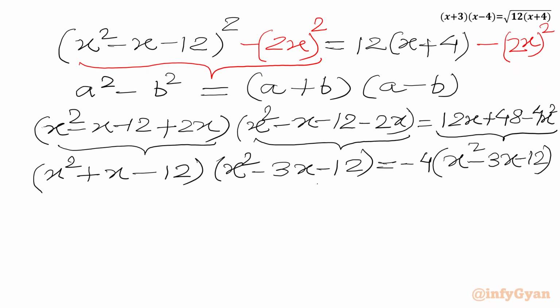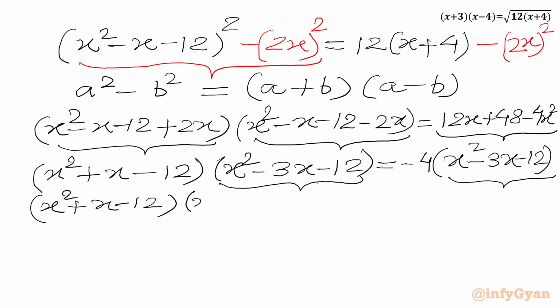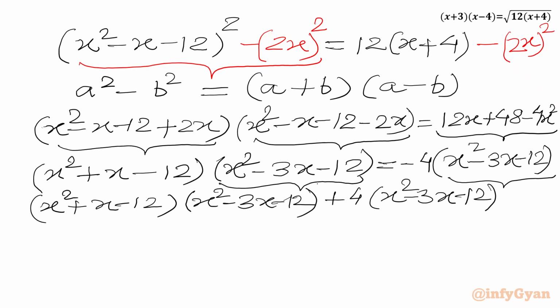Now we have x square minus 3x minus 12 on both the sides. Let's write all the terms to LHS first. We will get x square plus x minus 12 times x square minus 3x minus 12 plus 4 times x square minus 3x minus 12 equal to 0.